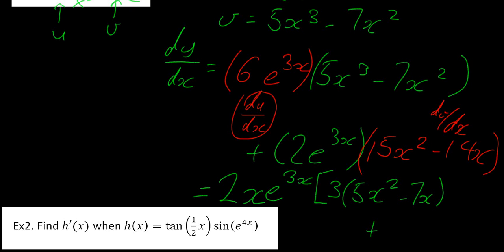I'm going to add, now this 2e to the 3x becomes a 1 because I took away 2e to the 3x over here, plus, so we get 15x minus 14.